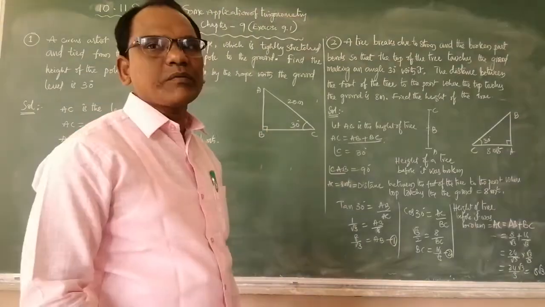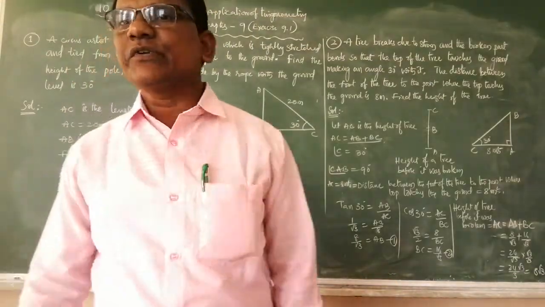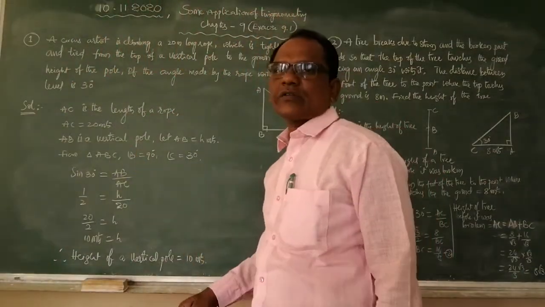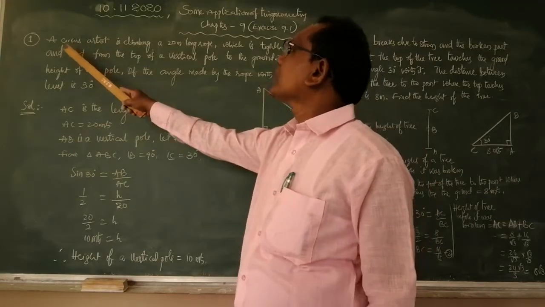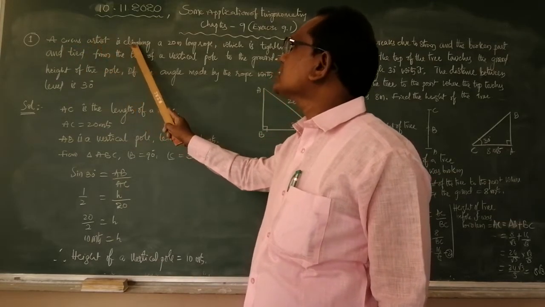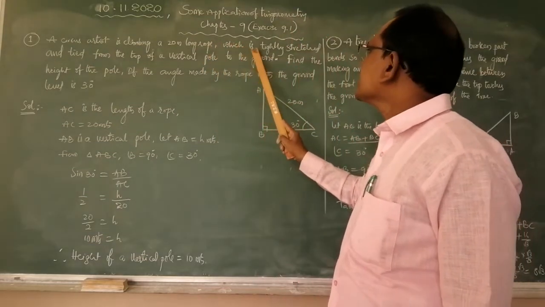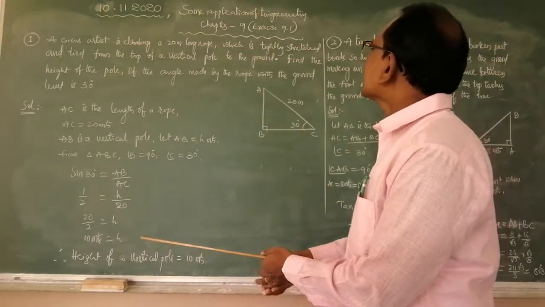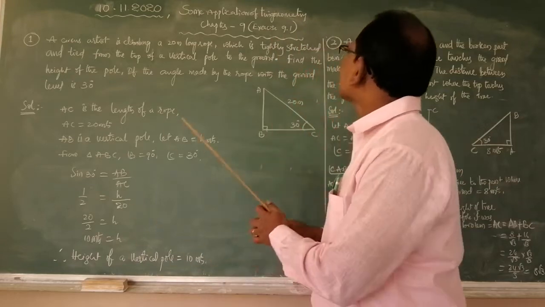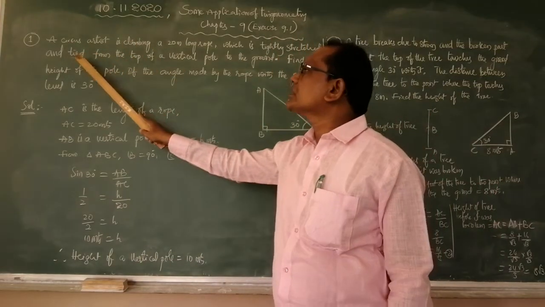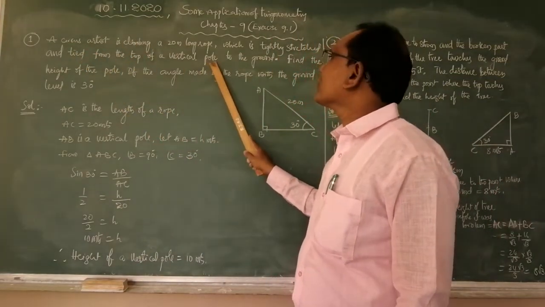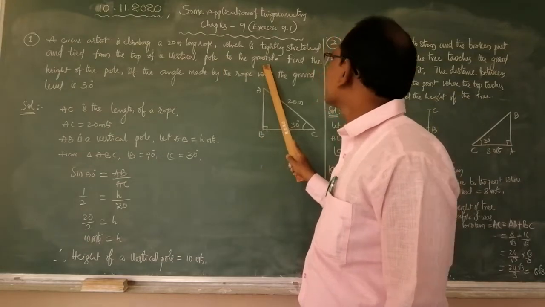So here the first problem is given. I am going to read the first problem once. Verify it in the textbook, Exercise 9.1. A circus artist is climbing a 20 meters long rope which is tightly stretched and tied from the top of a vertical pole to the ground.